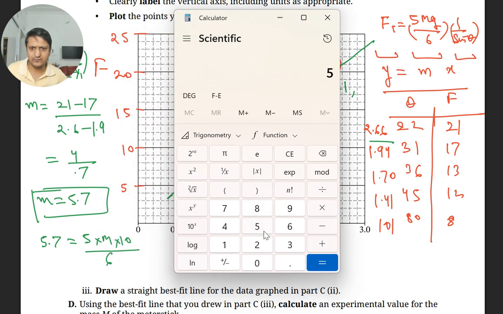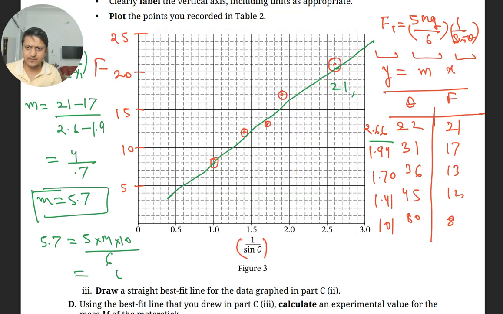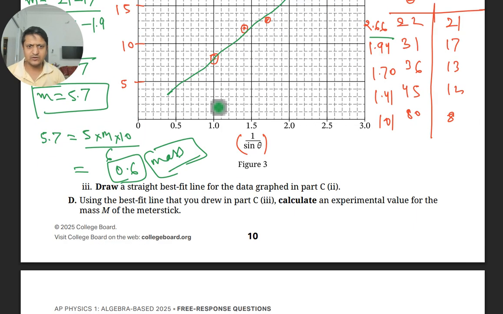It would be 5.7 into 6 divided by 50, which is 0.6. So 0.6 could be the mass, or we need to check it a little bit again. So to calculate the experimental value for mass, it would be 0.6.